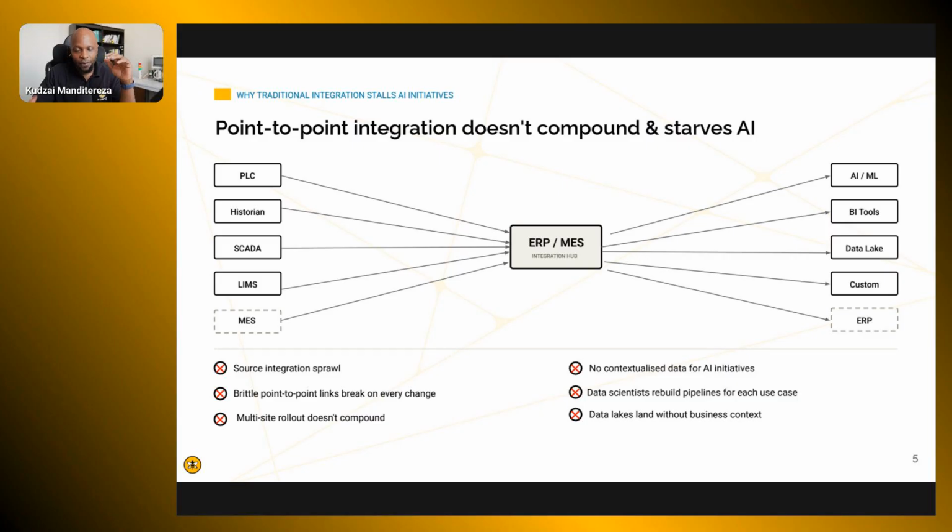There are several reasons why that particularly starves AI initiatives. The first set of challenges are really on the connectivity side of things. The first is integration sprawl. That platform, whether it's a historian, IoT platform, or MES, might have a handful of connectors for common systems that you can connect to and start to see data that you can use for AI.